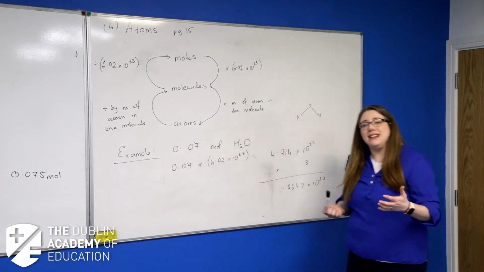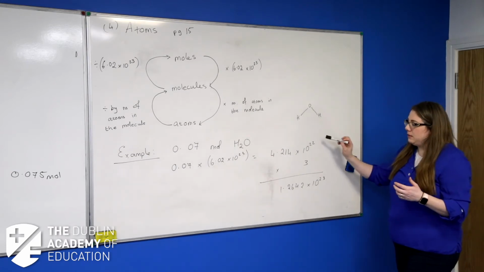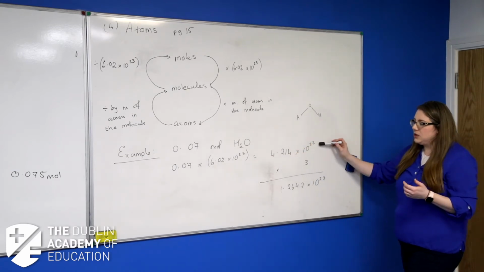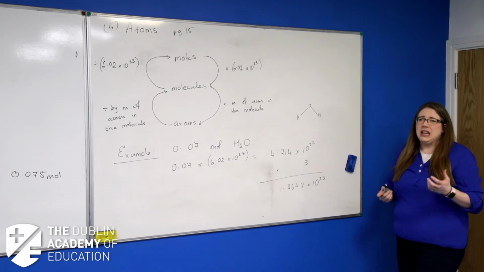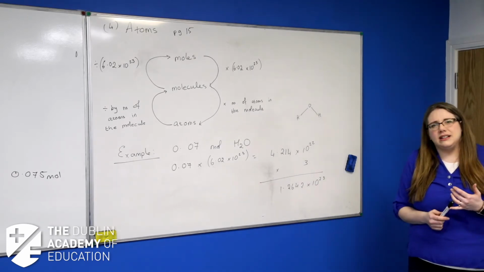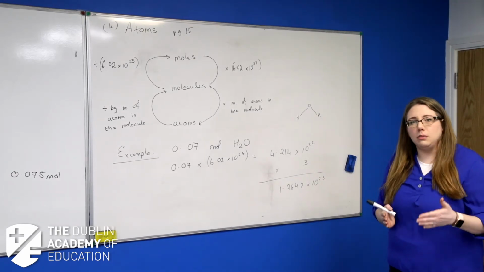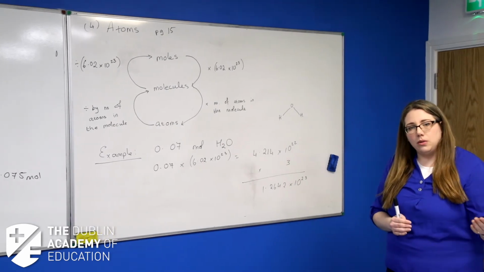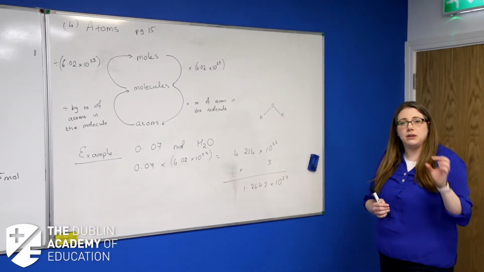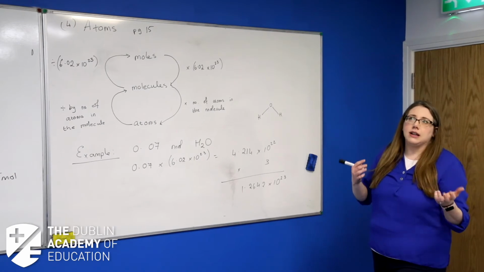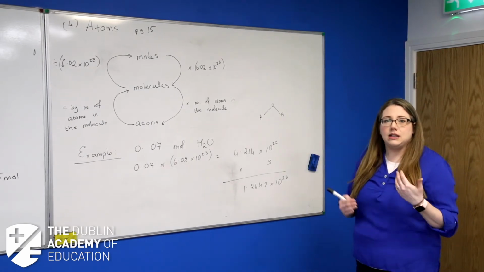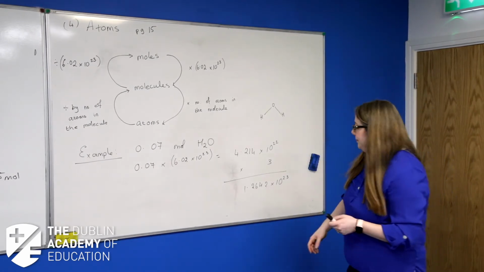But at the minute, if you put all of these into a textbook and you're just dealing with numbers of molecules, it's hard to look at. They're very, very big numbers. Whereas when you look at moles, it still relates to the number of molecules, but it's a much larger number, sorry, much smaller number, and it's much easier for someone to deal with in calculations.